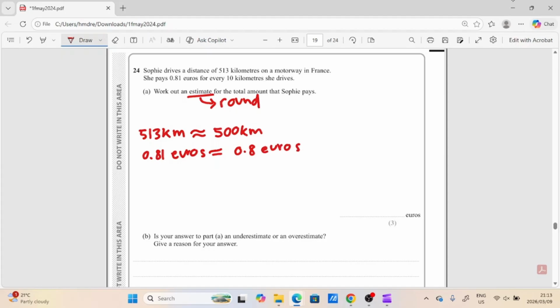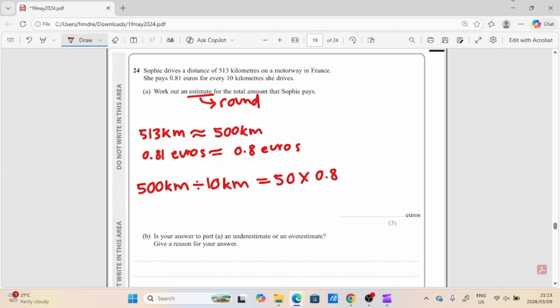Okay, so how we would work this out is, it's every 10 kilometers she drives. So first I'm going to say 500 divided by that 10 kilometers is 50, times by that 0.8 euros that she pays.